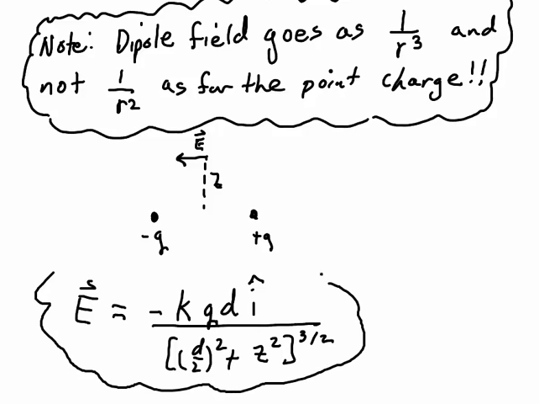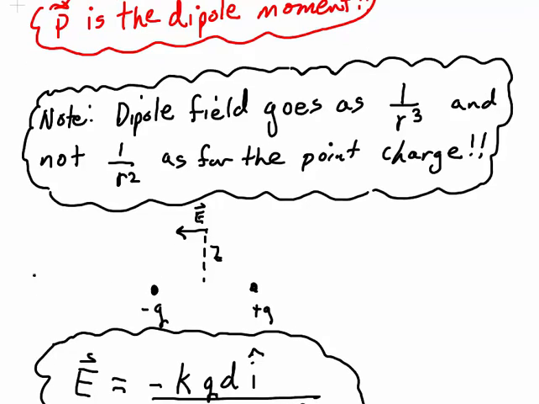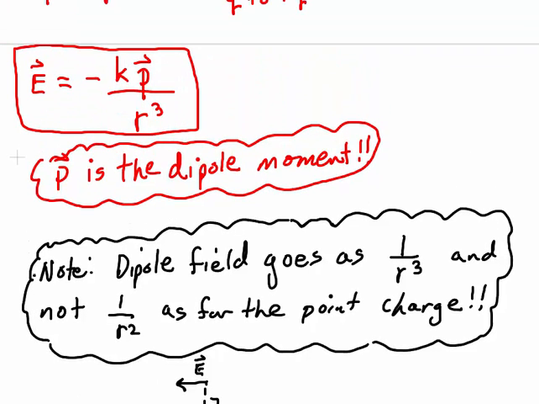And then you could plug in numbers to work the problem. But we generally tend to prefer to write things in this form because often z is much, much greater than the distance d. And so we'll talk more about those type of problems and approximations in the next video.